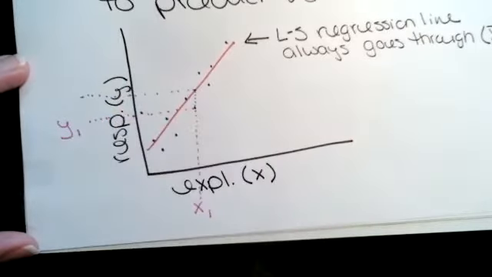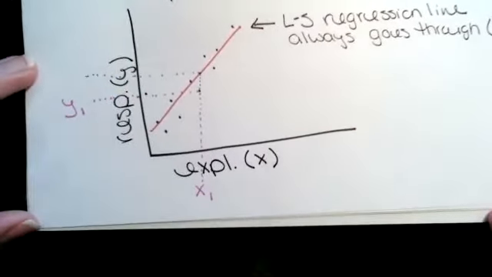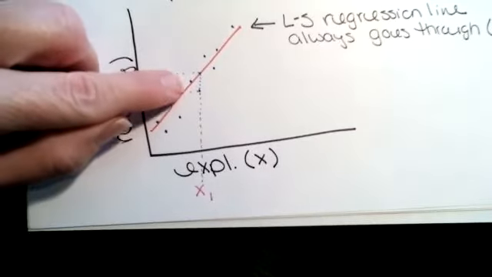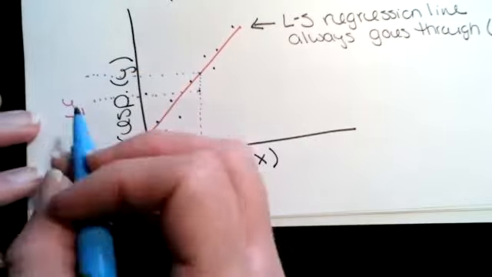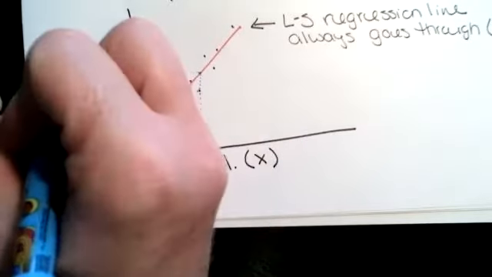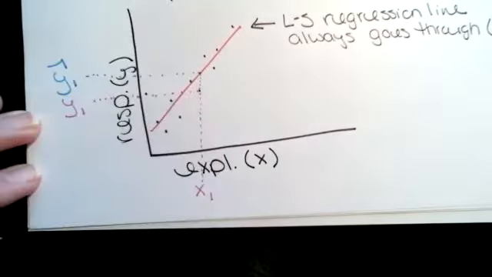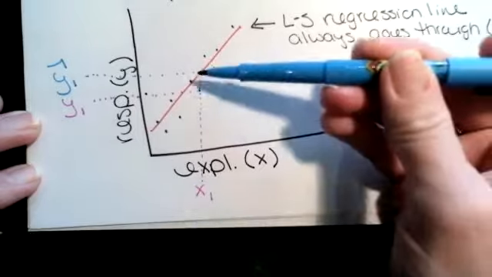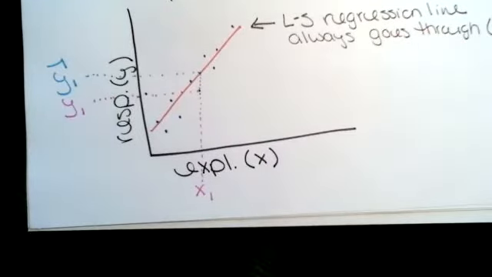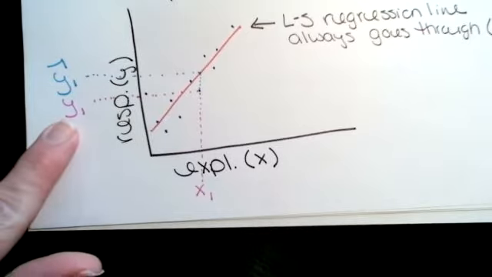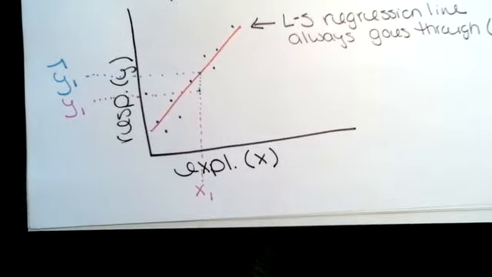It's not going to be the same as one of my data points most of the time. Once in a while, like this one right here, the data value is on the line, so that would read the same. This value right here is called y hat 1. So the point on the line would be x1, y hat 1. And y hat is the predicted value and y1 is my actual value.